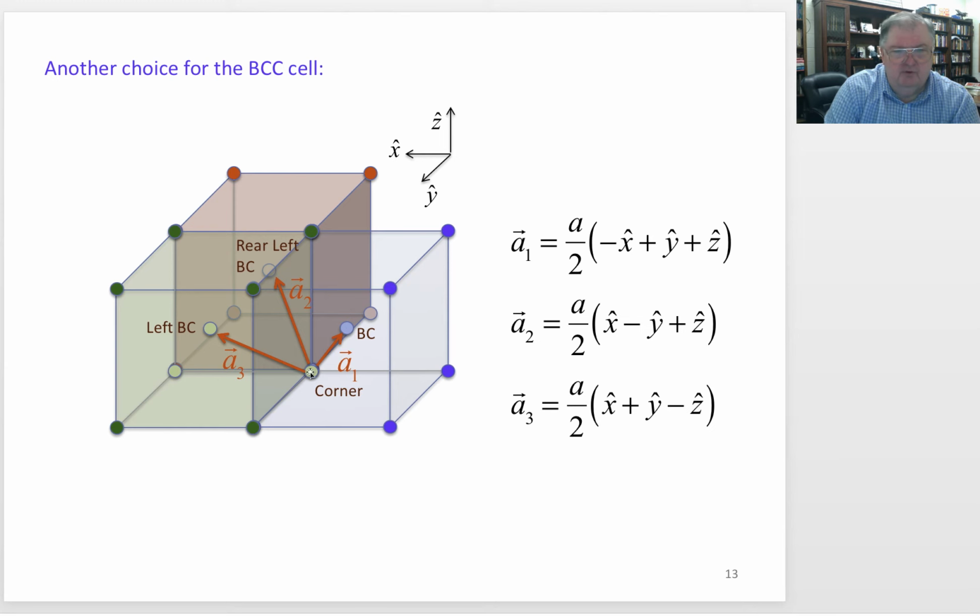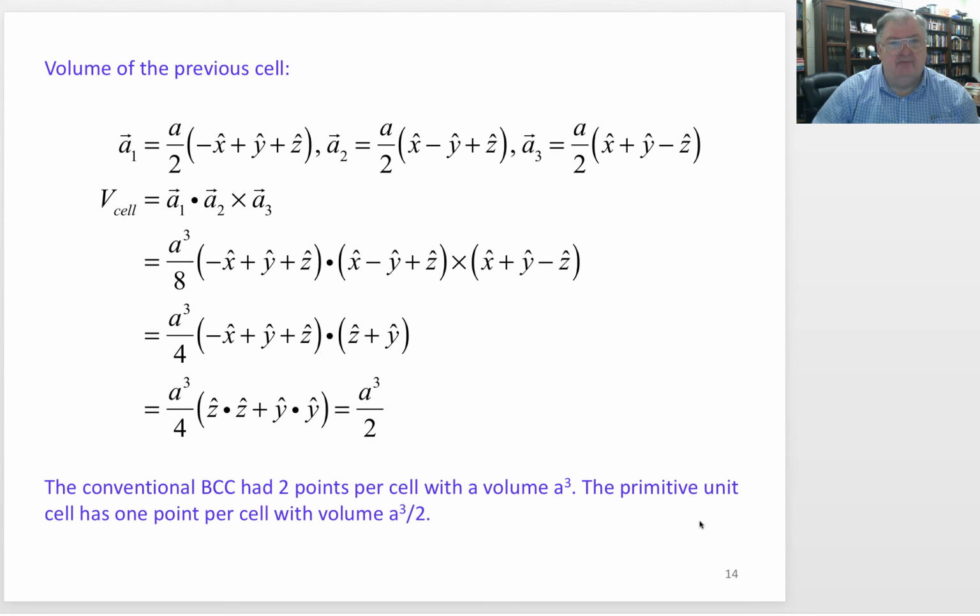I move over to the left, and I go to the body-centered point on the green cube, and I go to the back, to the rear, and I go to the body-centered point on the pink cube there. Those define a primitive unit cell. The three vectors A1, A2, A3 for this coordinate system are given for you here. Again, you can take a look at that.